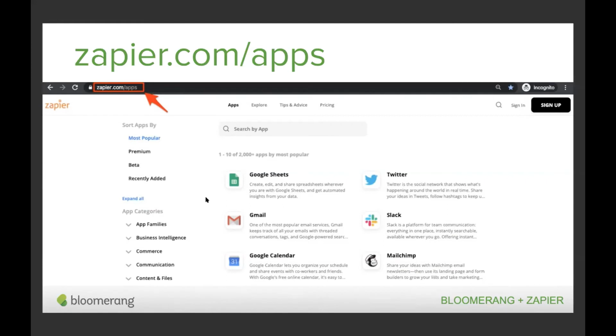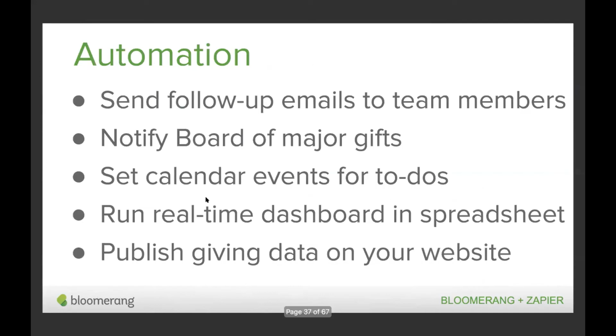Now, when we think about automation, we think about apps, but we also think about use cases. While we may want to integrate PayPal or Eventbrite, we may also want to think about other automations that are not app specific. For example, with Zapier, we can do a number of additional use cases to support your fundraising efforts. This could include sending follow-up emails to teammates, notifying board members of major gifts, setting calendar events for to-dos, running real-time dashboards in a spreadsheet, publishing giving data on your website.